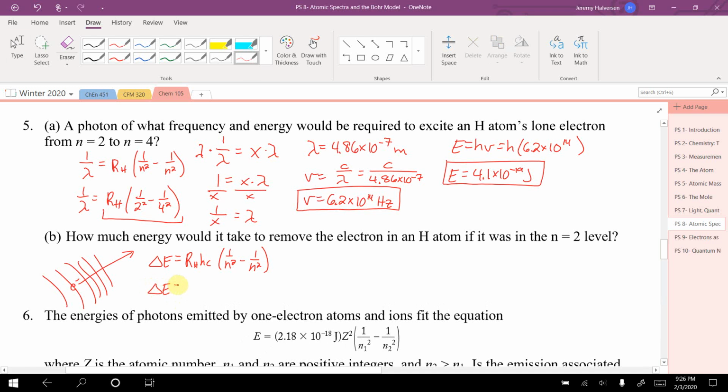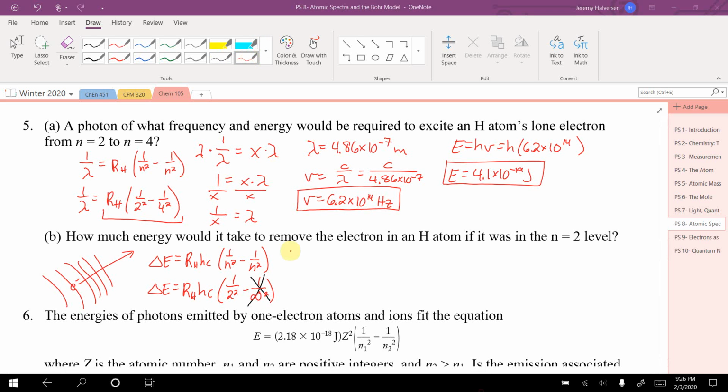So what I'm going to do is I'm going to say delta E equals R_H hc times 1 over 2 squared minus 1 over infinity squared. What is 1 over infinity squared? Well, if I'm dividing by the biggest number possible, my result is going to be the smallest number possible, which is just 0.